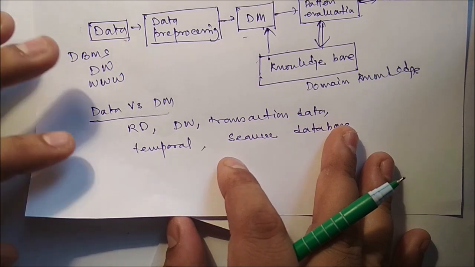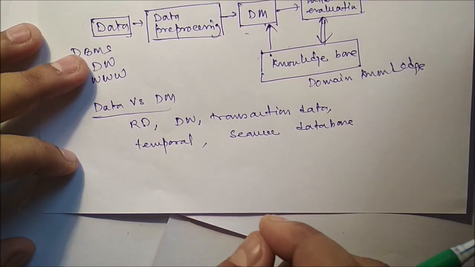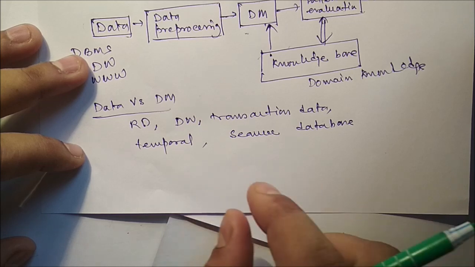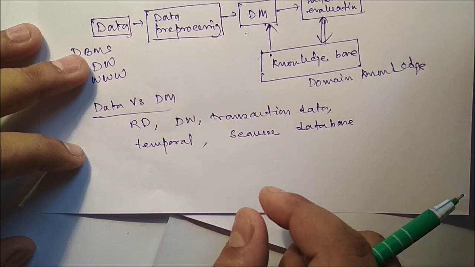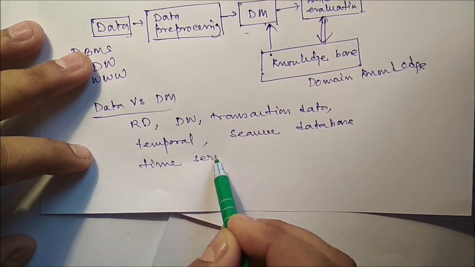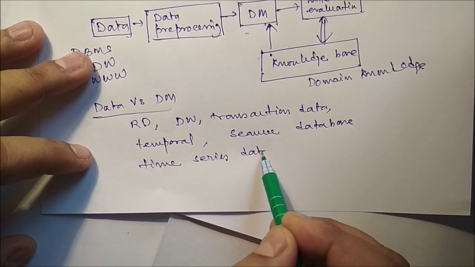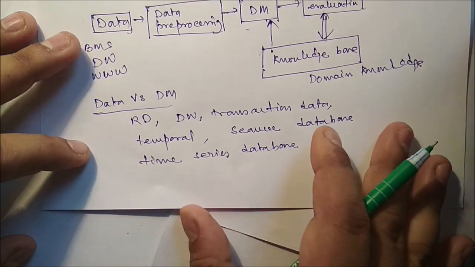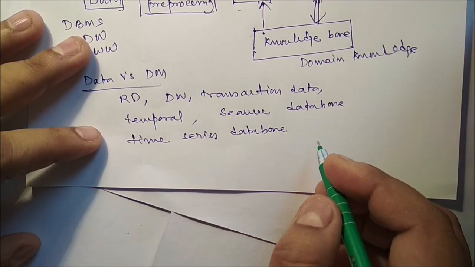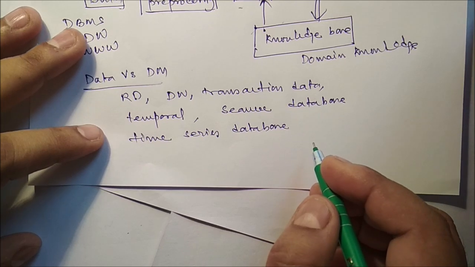Users are clicking website links, so the sequence database can store all the click stream. Next, time series database. For example, stock exchange data, or the gold price or silver price, that is called a time series database.